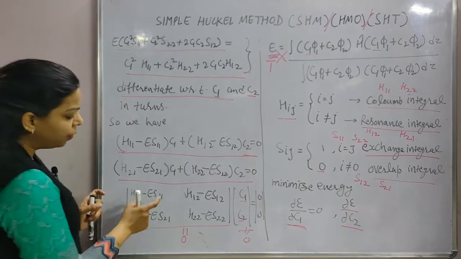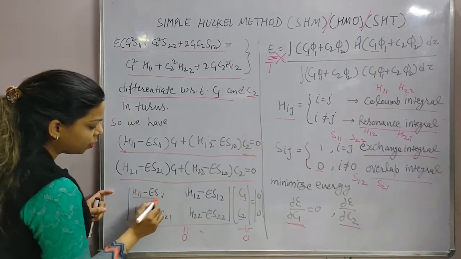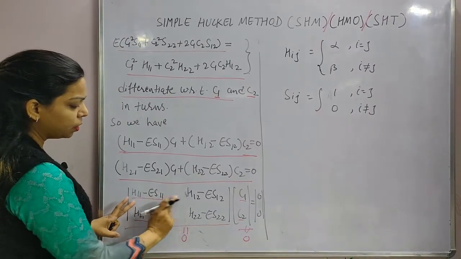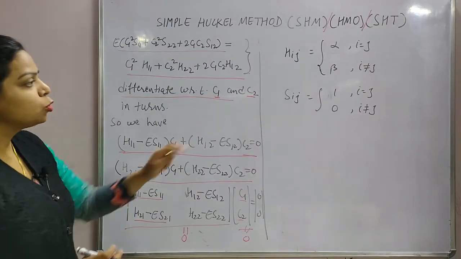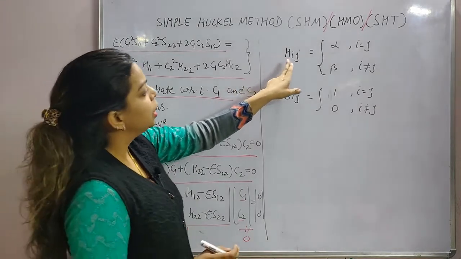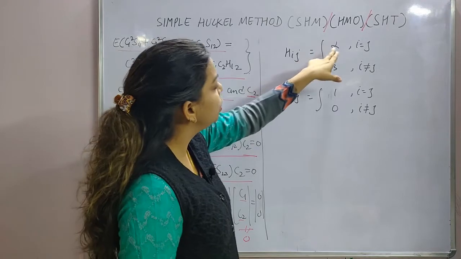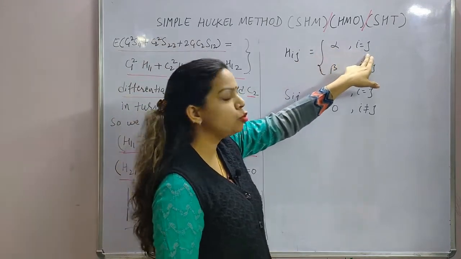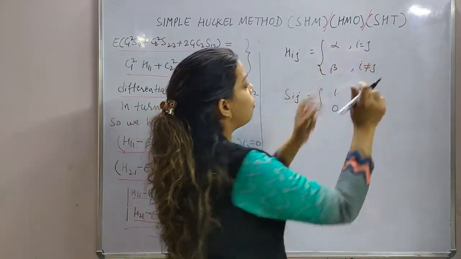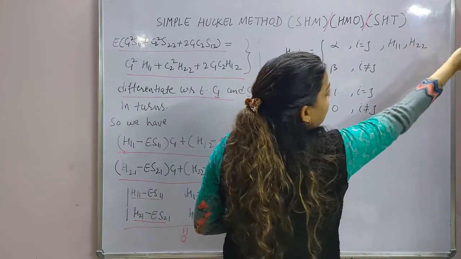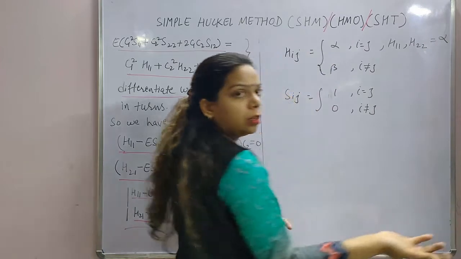But before that, I will substitute a few more terms for these integrals. So let's make some more substitutions over here. These are the assumptions for that. We have Hij equal to alpha when i is equal to j. It means all H11, H22 and so on will be equal to alpha.